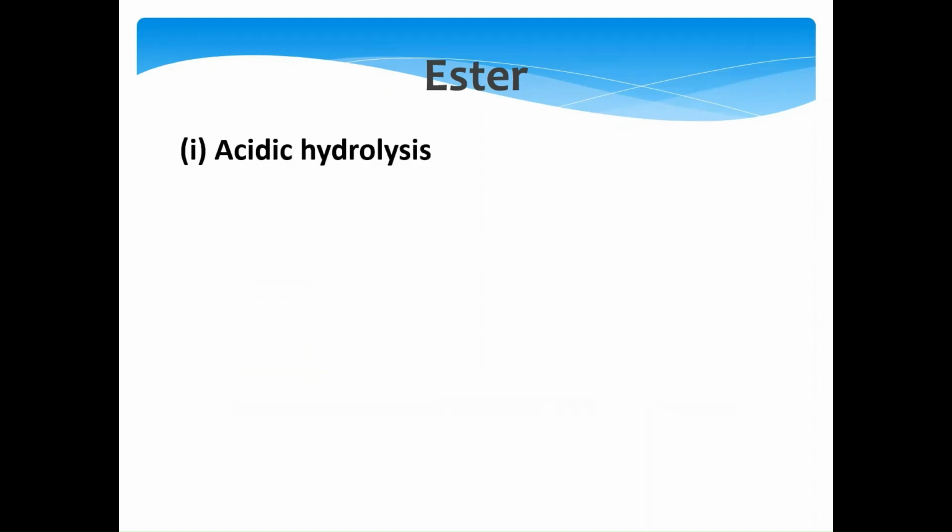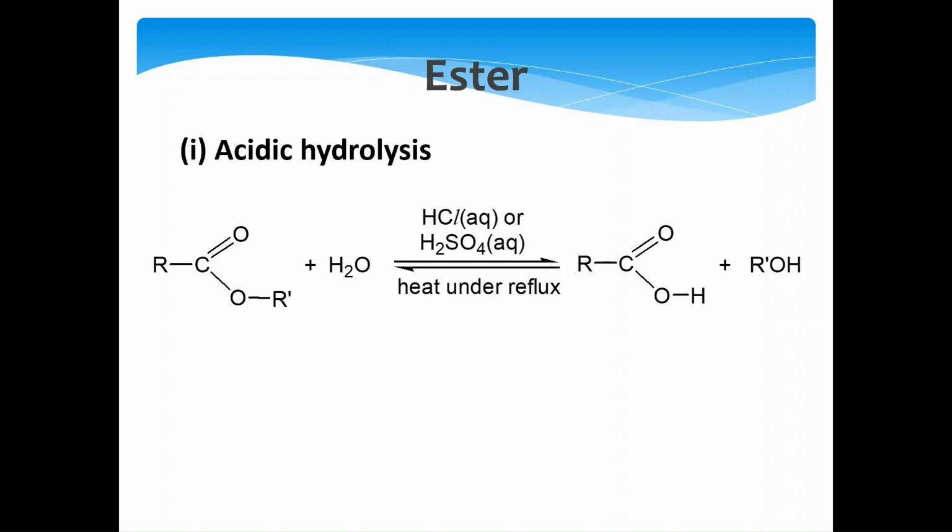Let's take a look at acidic hydrolysis. For acidic hydrolysis, we will heat with HCl aqueous or H2SO4 aqueous. This is a reversible reaction. As the products form, the carboxylic acid and alcohol can react together again to give you back the ester. Recall what are the reagent conditions needed for the formation of ester from carboxylic acid and alcohol.